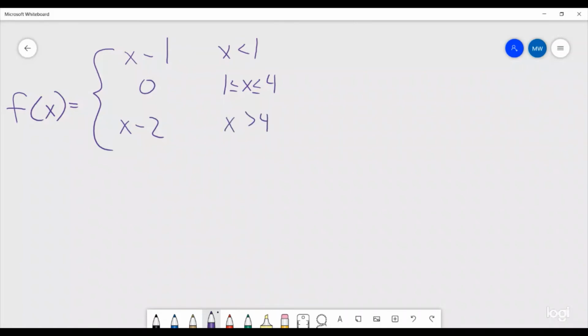We might be asked where this is continuous, or an easier problem might be where this is discontinuous. There are going to be a couple spots where it could be discontinuous.